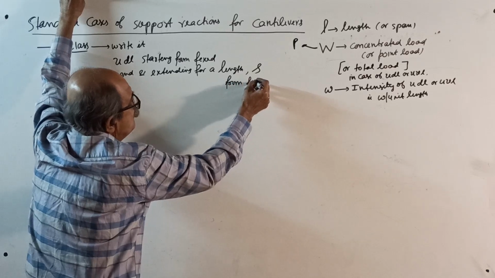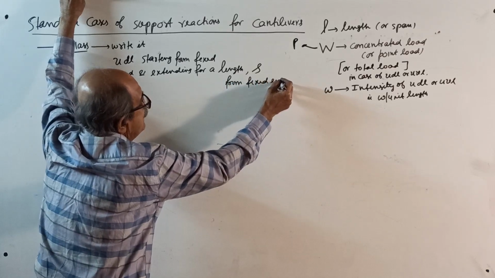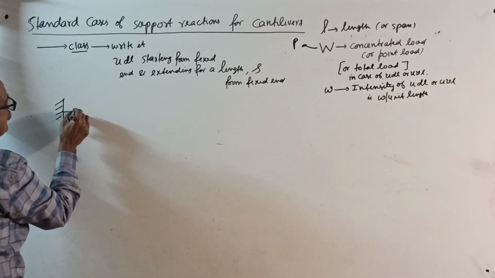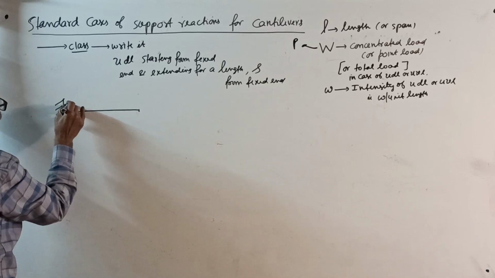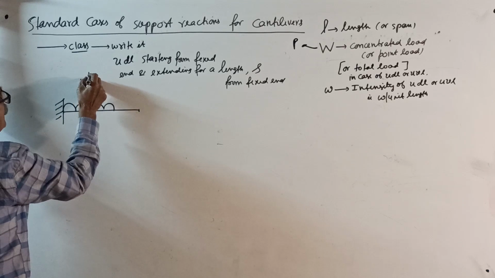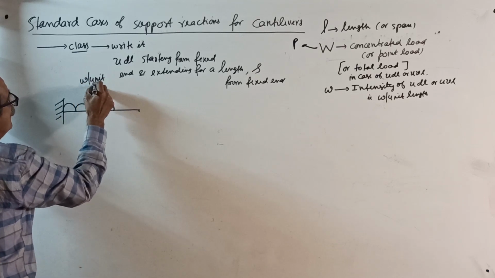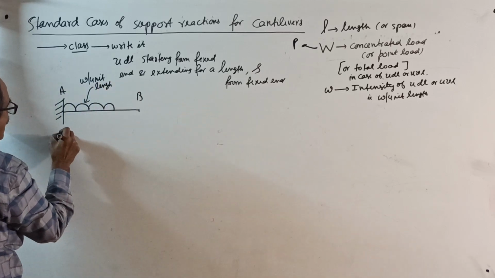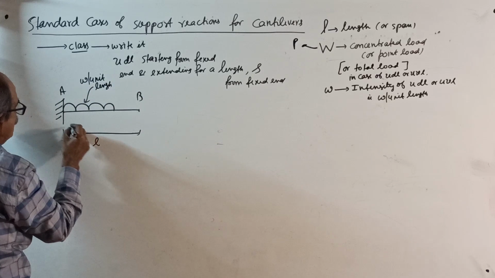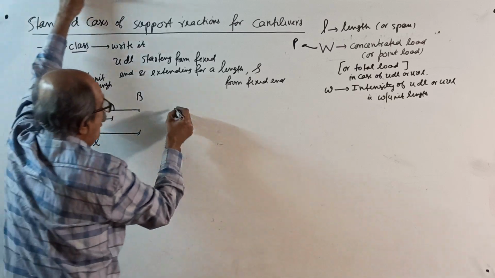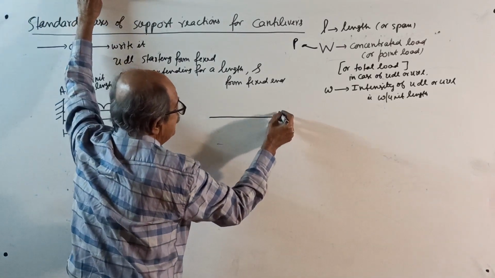Remember, from fixed end, not from free end. That is, see here. Intensity given, W per unit length. A and B, span is L, load is for a length of S from fixed end. Here, or it can be like this also.